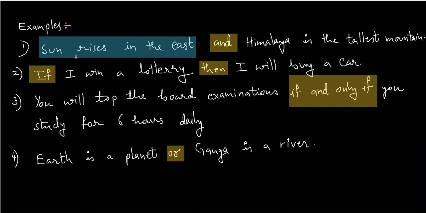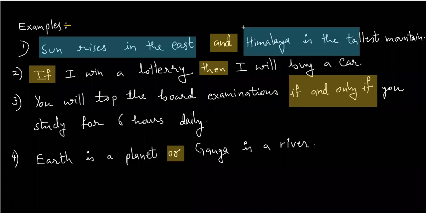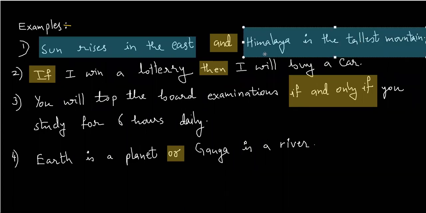The first one is sun rises in the east, and the second is Himalaya is the tallest mountain. So these two statements are known as simple statements or component statements or atomic statements. These are those statements which cannot be further divided. They are atomic statements.